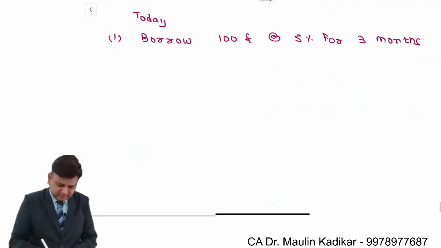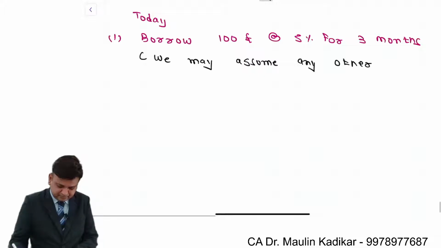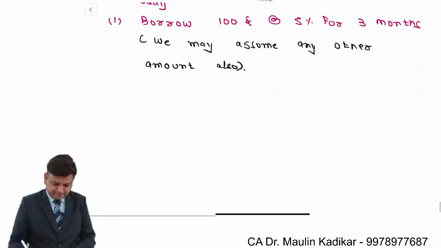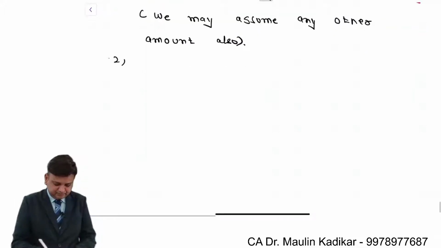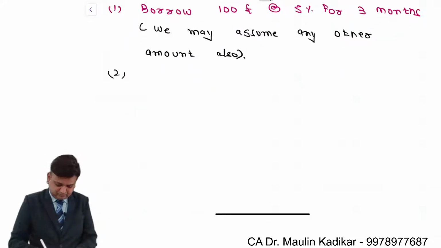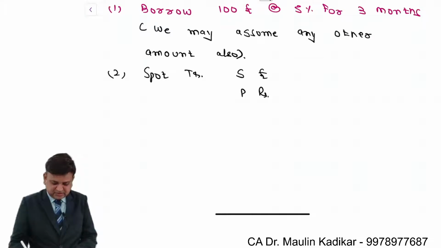In bracket I am writing, we may assume any other amount also. Second, spot transaction, sell pound and purchase rupees.